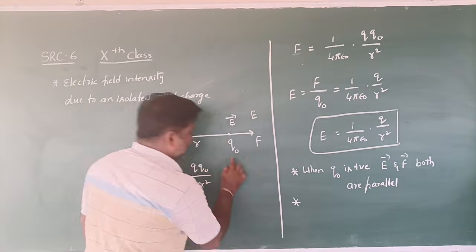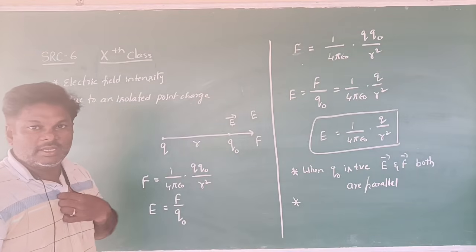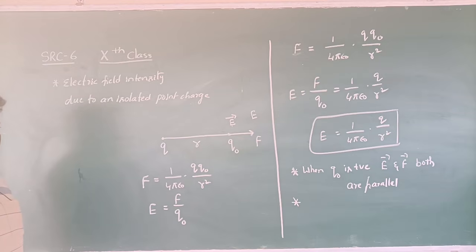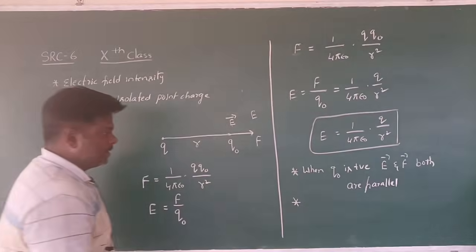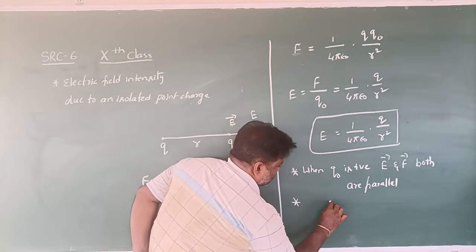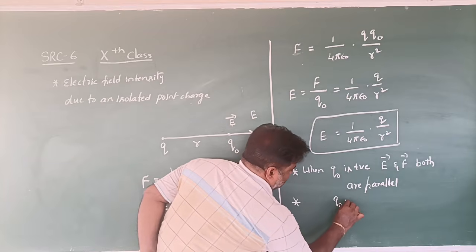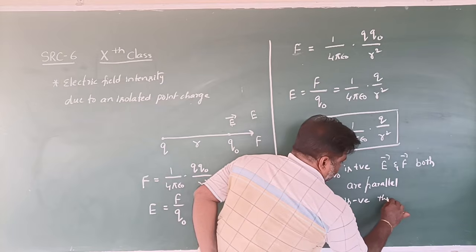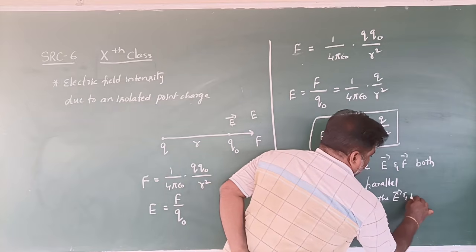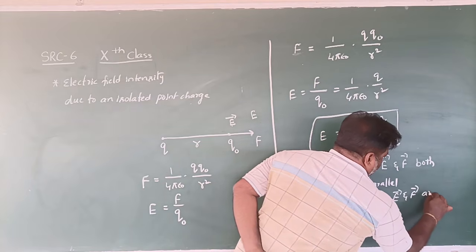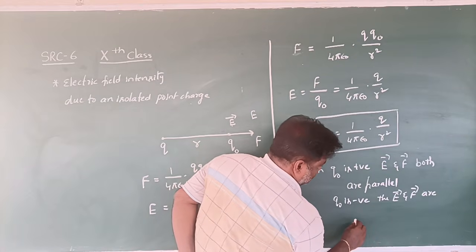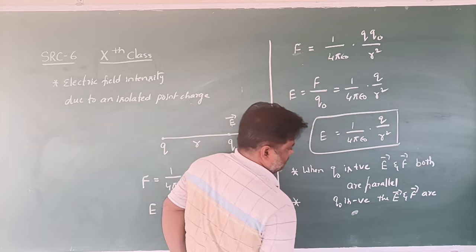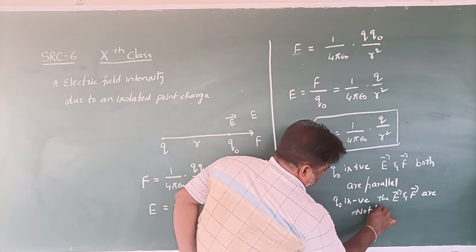When q naught is negative, then E bar and F bar are not parallel.